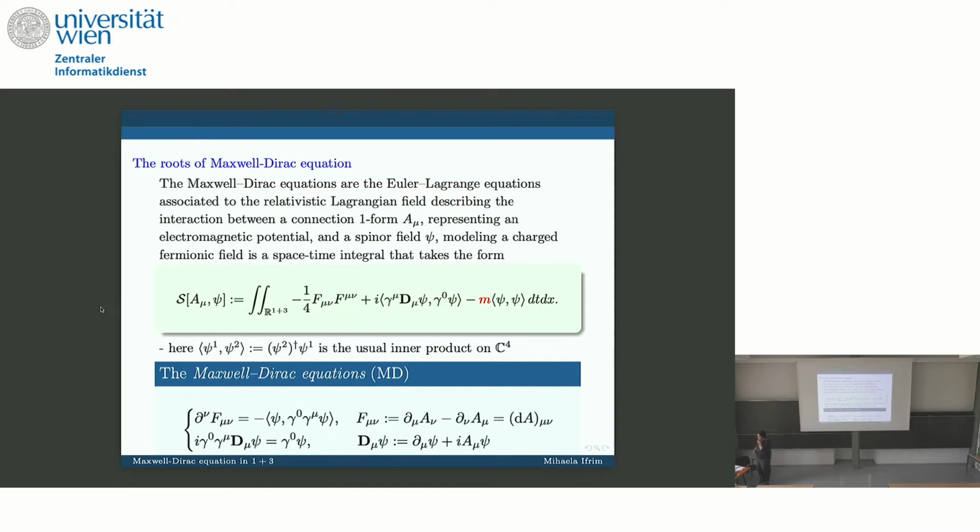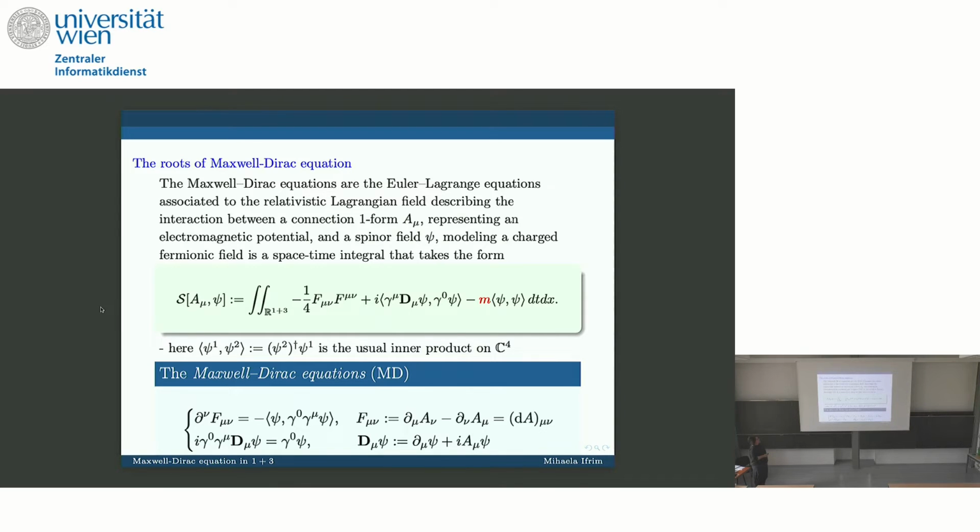So now let me give you a couple of introductions, something about how this Maxwell-Dirac equation came about. This is an equation that comes from an Euler-Lagrange. This is the Lagrangian, and once you have the Lagrangian, you can write down the Euler-Lagrange equations. Let me tell you what this is.